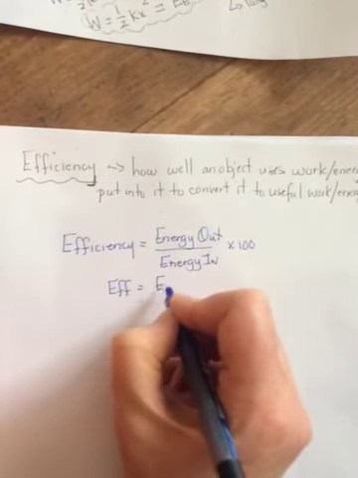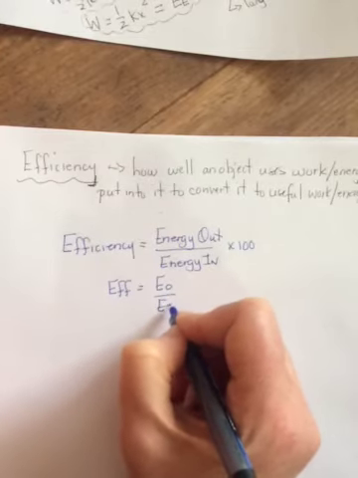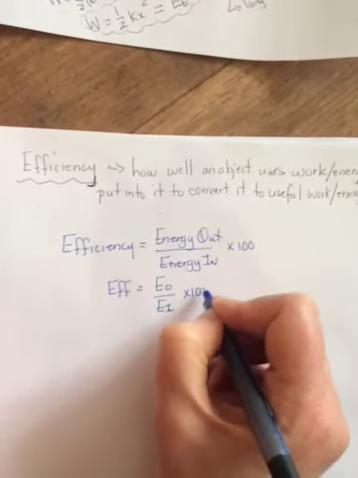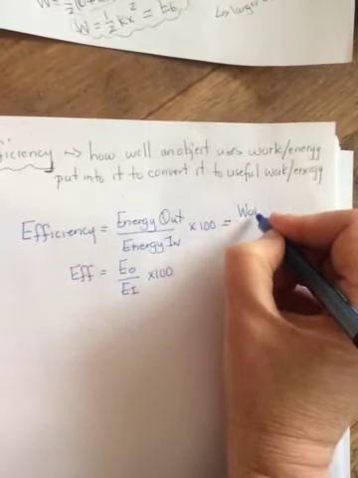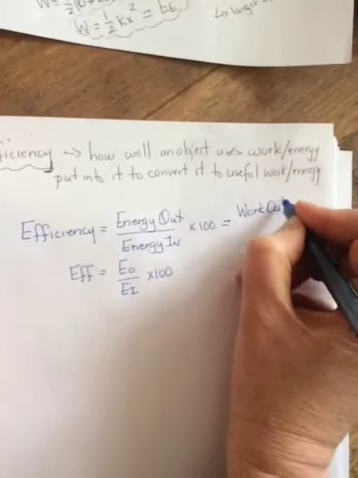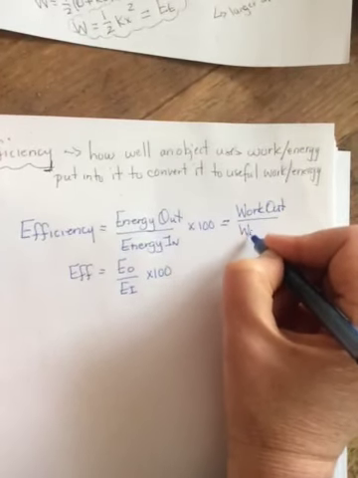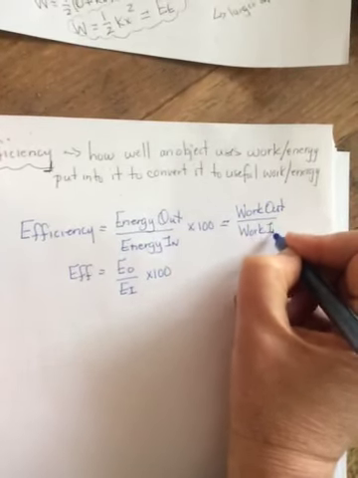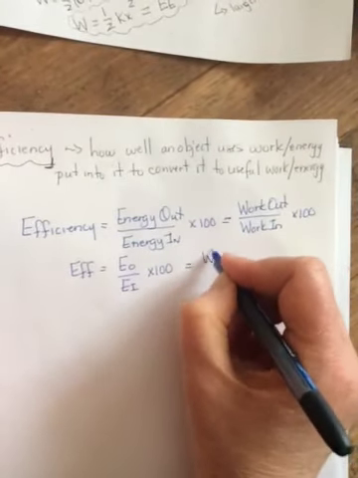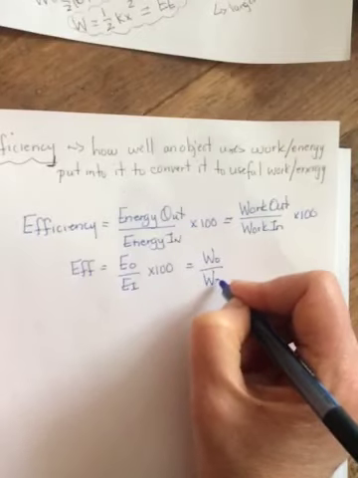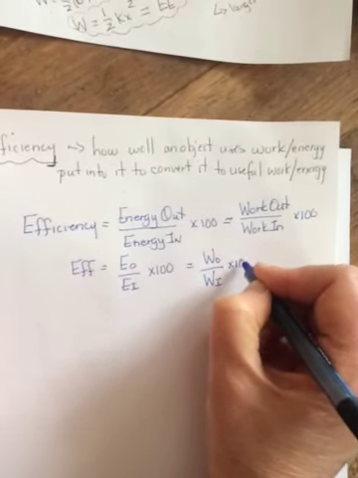So usually we write it as EO over EI times 100. Okay? That is the same thing as saying, the other way of writing it, work out over work in times 100. So again, WO over WI times 100.